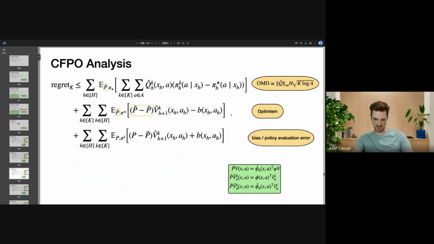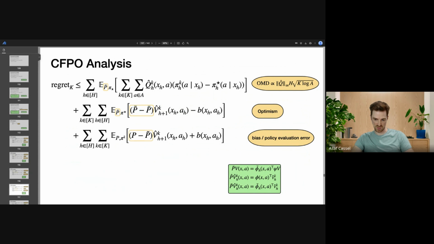Because before, if we had the full MDP here, then the difference on states that weren't explored well enough would not be 0. But here both of these are contracted. So on the bad states, this is just trivially 0, and on the good states, you get that this is bounded.